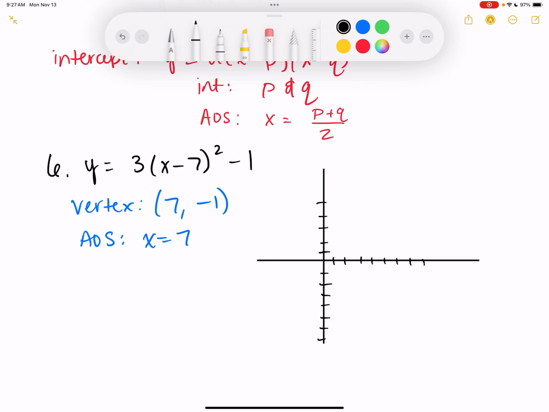My axis of symmetry is at x equals 7, so I've got my dotted line there for that. My vertex is at (7, negative 1).